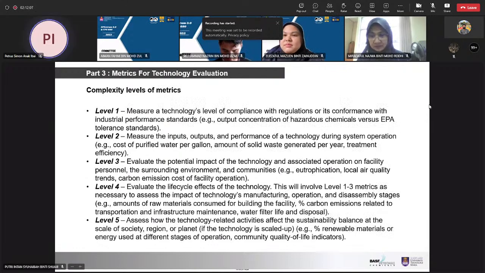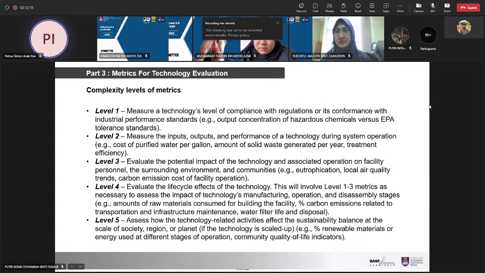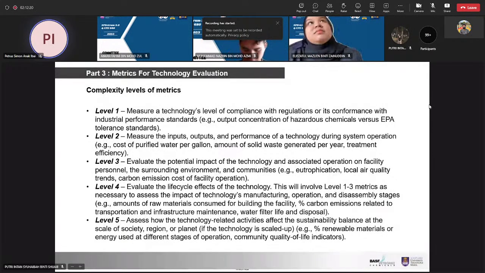So this is the complexity levels of metrics. There are 5 levels of complexity. In the above hierarchy, level 1 and level 2 may be sufficient for understanding the promise of the technical performance, because this level is usually a primary guide in the relationships between the research and development sector and also the industry, which of course look for reliable and efficient systems.